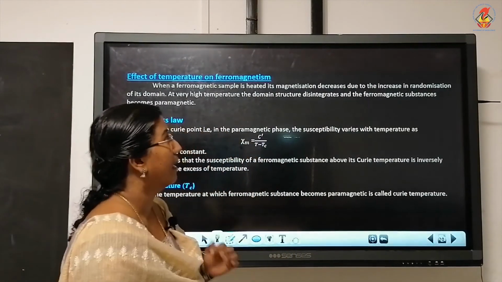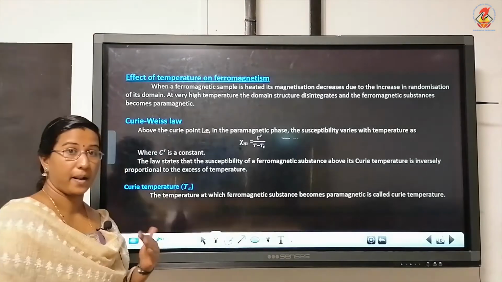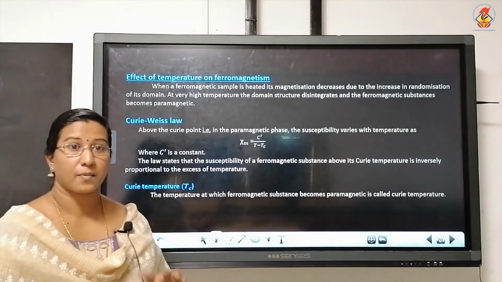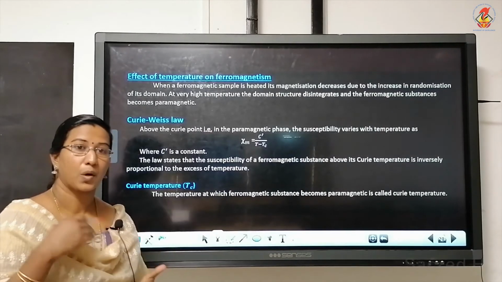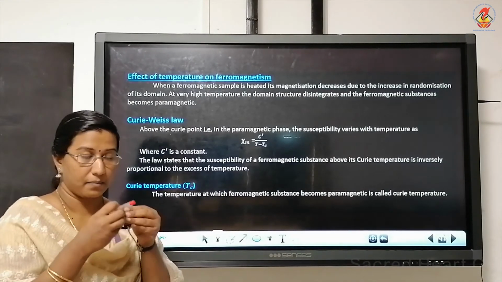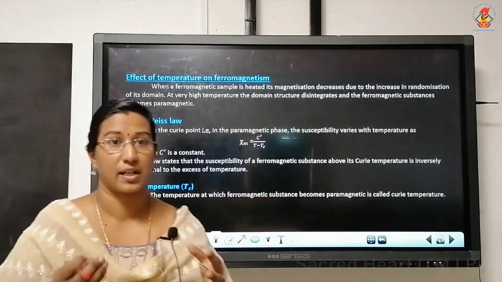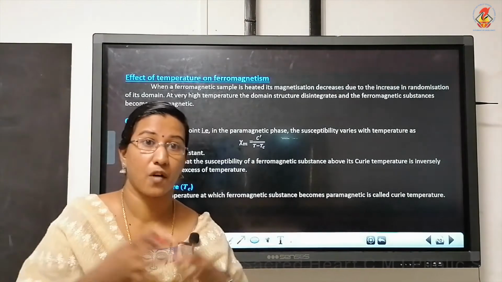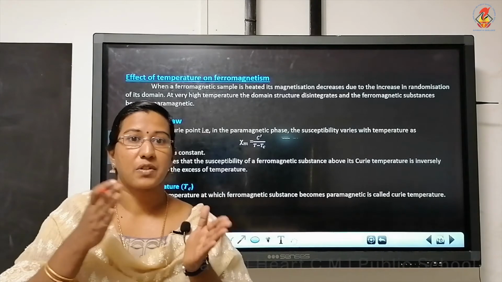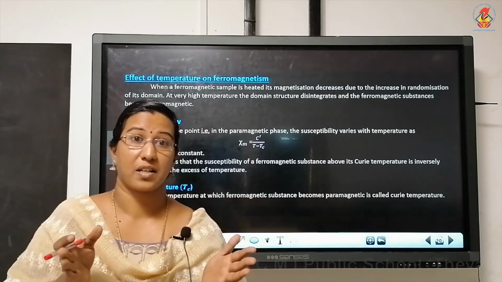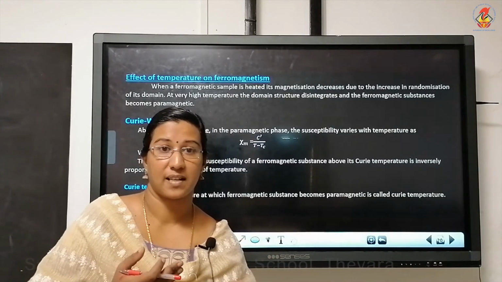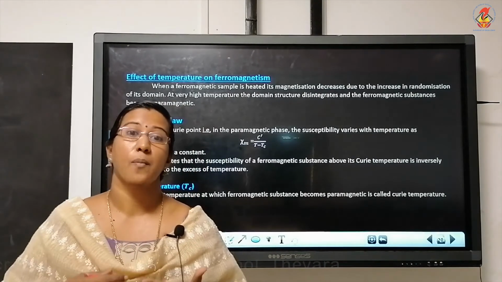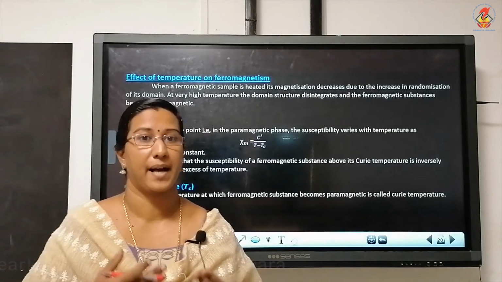But like paramagnetic substances, ferromagnetism also depends on the temperature. There is a temperature beyond which the dipoles will get randomly oriented, or there will be disintegration of the domains, and each individual dipole will be aligned in a different direction like a paramagnet, which means above a certain temperature, known as the Curie temperature, a ferromagnet becomes a paramagnet.